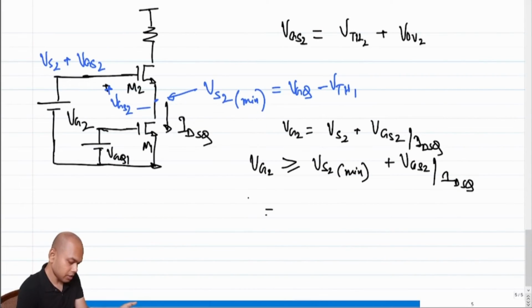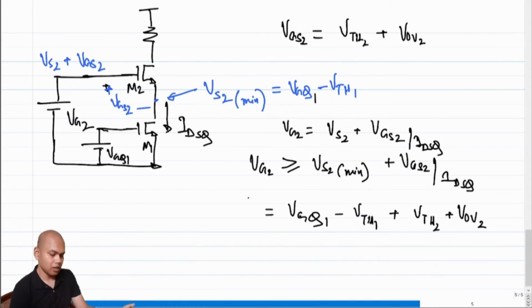I just plug in the values, so this becomes VGQ1 minus the threshold voltage 1, plus VGS2, which is the threshold voltage 2 plus the overdrive, correct?